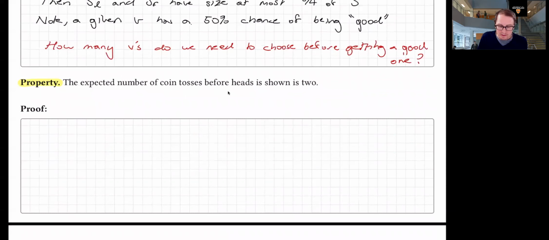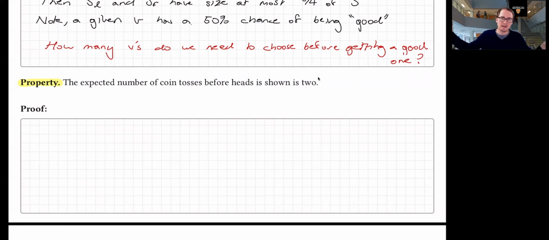So here I'm saying 2. Let me just give you an argument why it's 2. There's a few ways you can do this. You could just go from the definition of expectation, and it's going to be 1 times the probability that the first one is heads, plus 2 multiplying the probability the first one's tails and the second one is heads, plus 3 multiplying the probability that the first 2 are tails and the third one is heads, and so on.